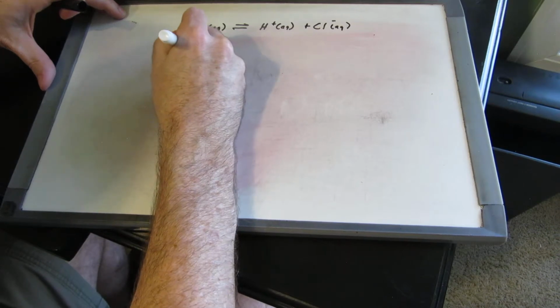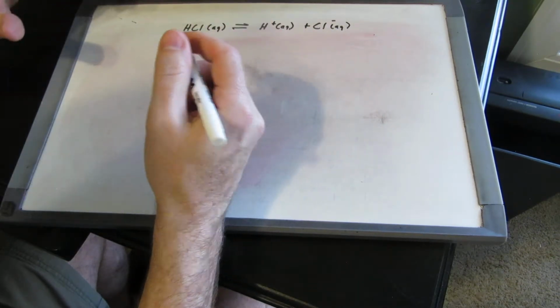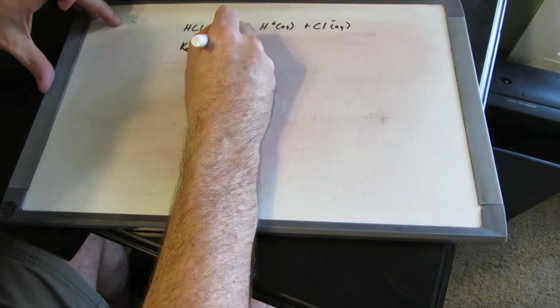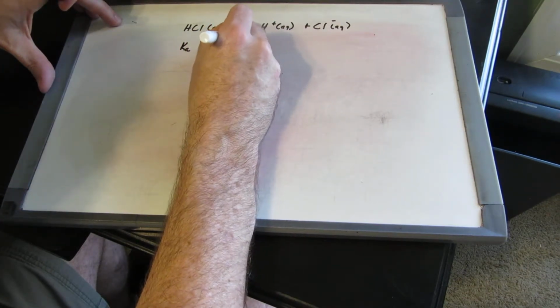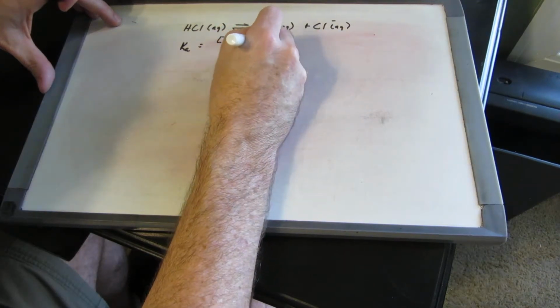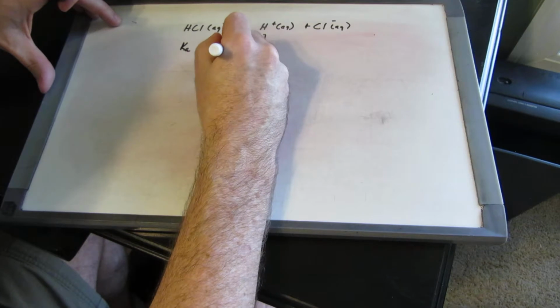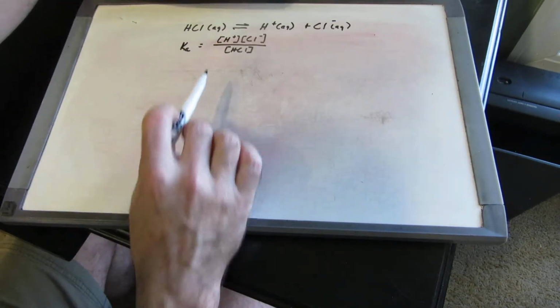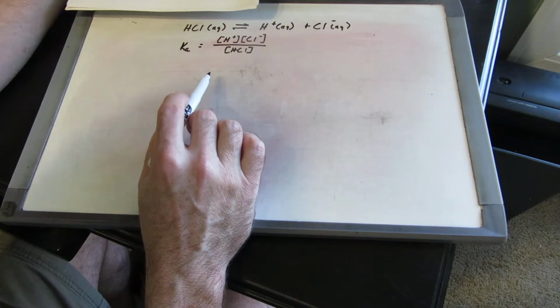So K sub A, it's just like the K that we did on your own 15.1. You're going to take the concentration of the products, so H plus times Cl minus over the concentration of HCl. So that's the expression for K sub A for HCl.